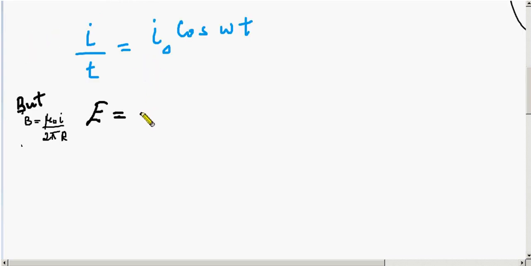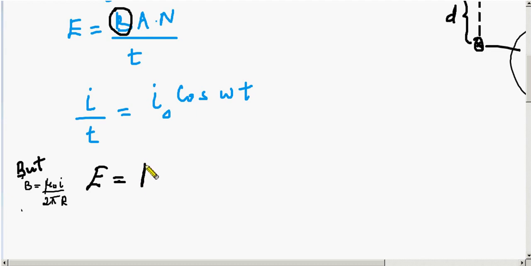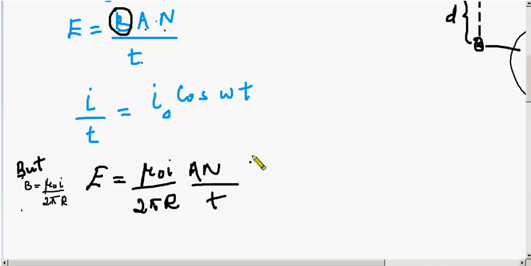So E equals mu naught I divided by 2 pi r, then A n divided by t. What we did, instead of this B, we substituted this one.